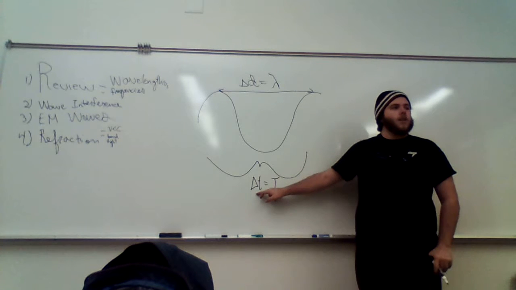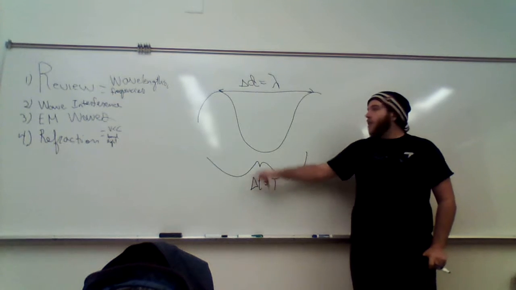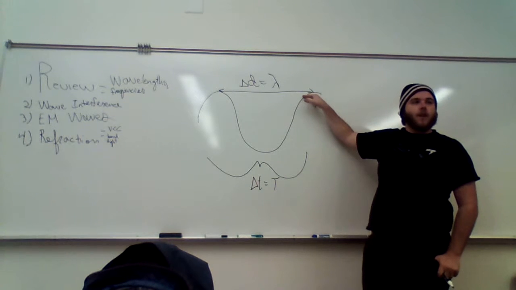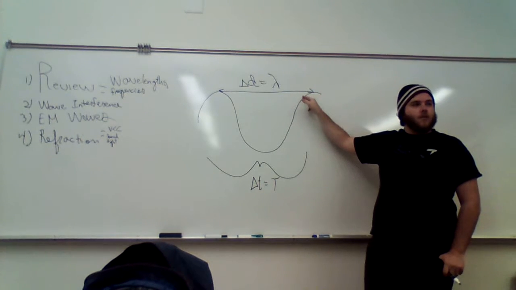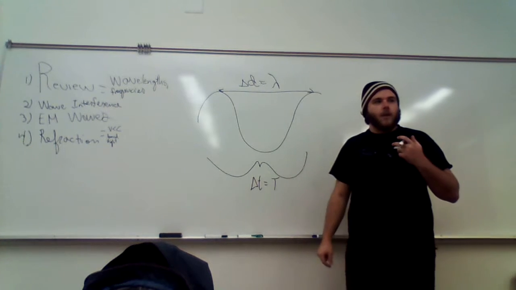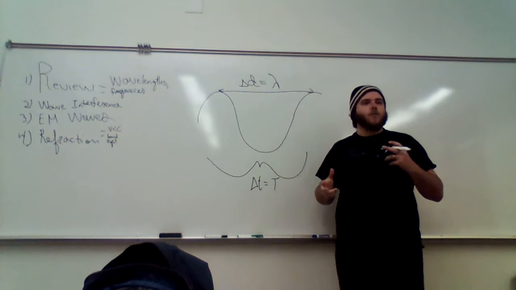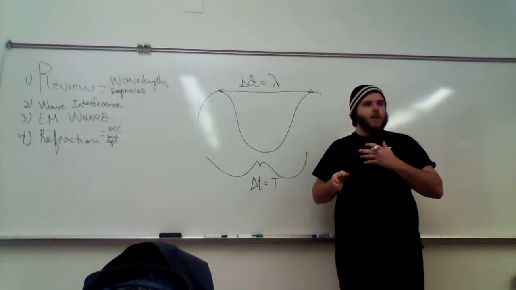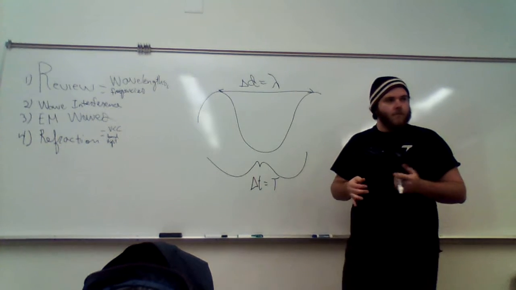So the delta t, the time between this point as it travels to that point, is defined as the period. The frequency, as Blake pointed out, is related to how many of these waves go by in a certain amount of time.